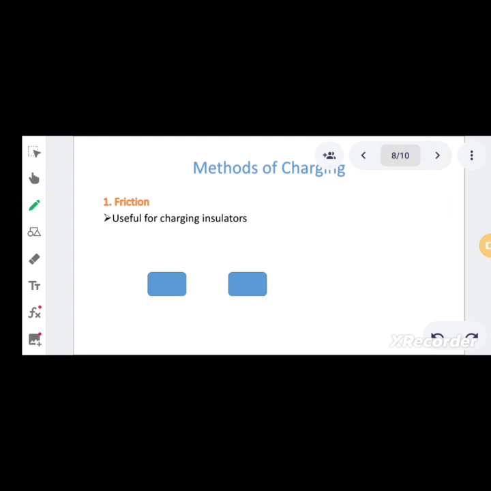Then friction, the methods of charging. This is the last topic of today. Methods of charging: what happens? We bring 2 insulators and rub them. We rub these 2 insulators against each other's surface.